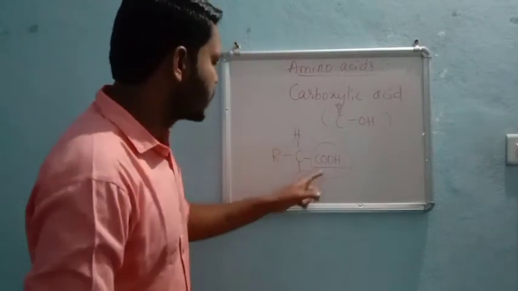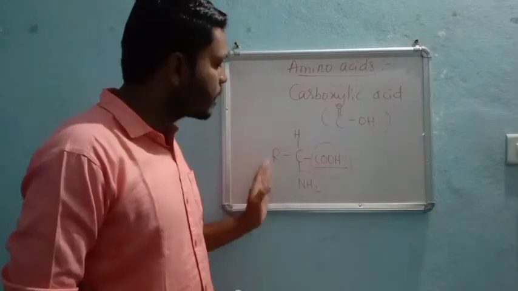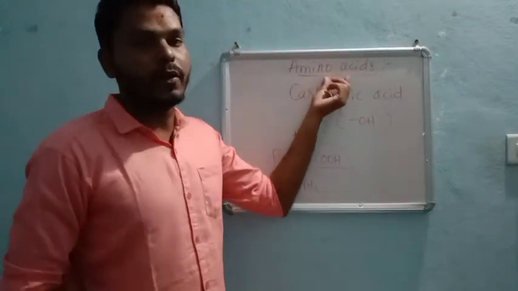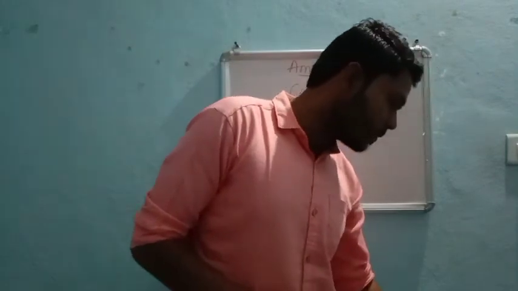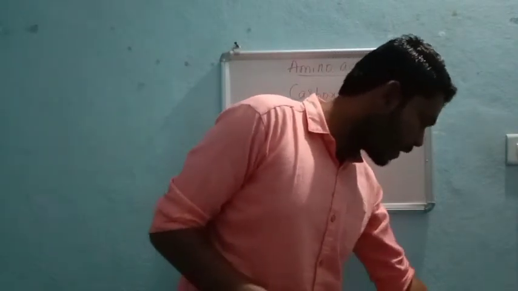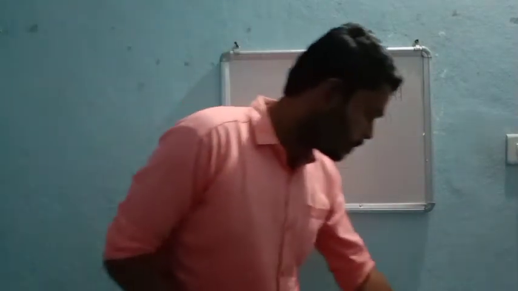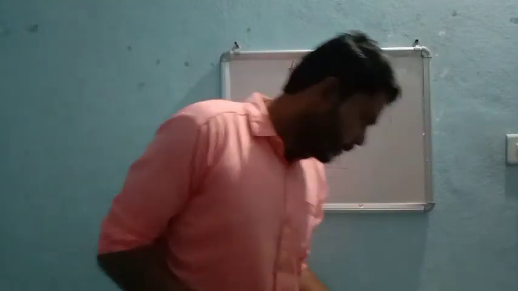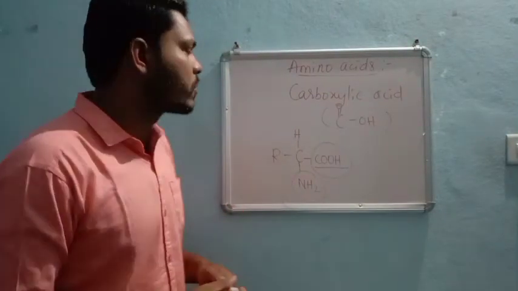Because of these two, we say this is an amino acid. This is the general structure of amino acid, right? With this we conclude this part, and then we will move to the classification of amino acids.